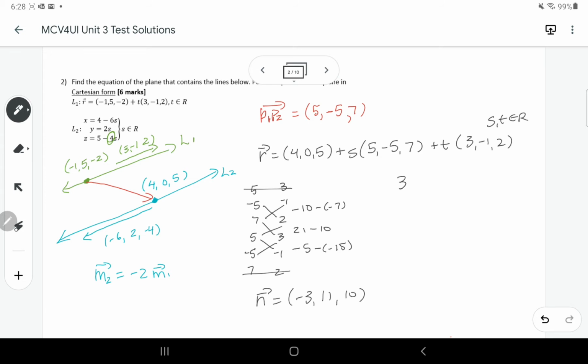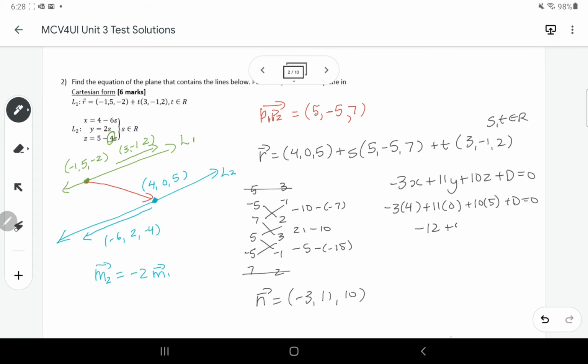Then I would say that that's -3x plus 11y plus 10z plus d equals 0. And I'm going to sub in my point, the point (4, 0, 5) that's on this plane, and use that to solve for d. So -3 times 4 plus 11 times 0 plus 10 times 5 plus d equals 0.